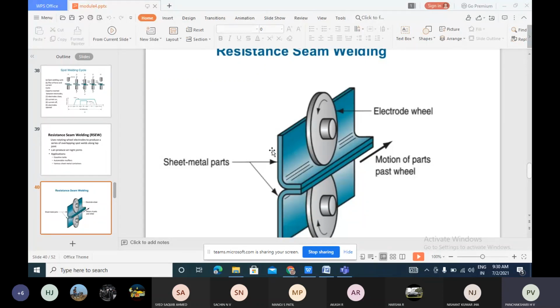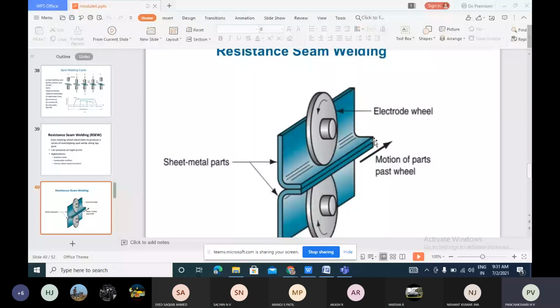See, both the parts are bent like this, and a continuous joint should be produced from this end to this end, front end to rear end. So a continuous joint is to be produced for leak proofing. So for that, we are taking two electrodes, one kept above and the other one kept below.